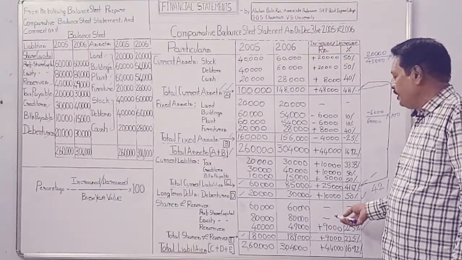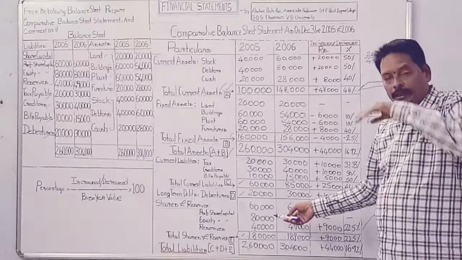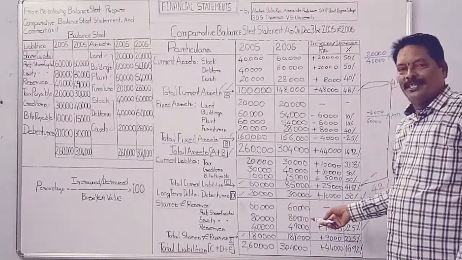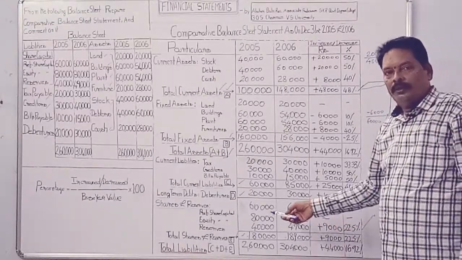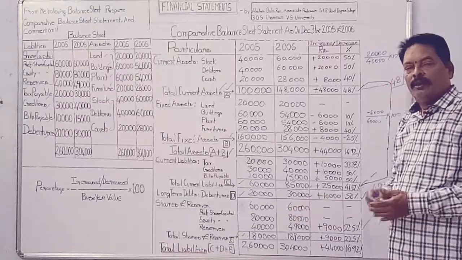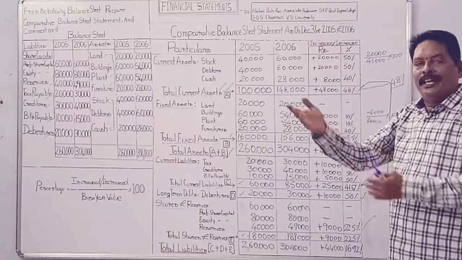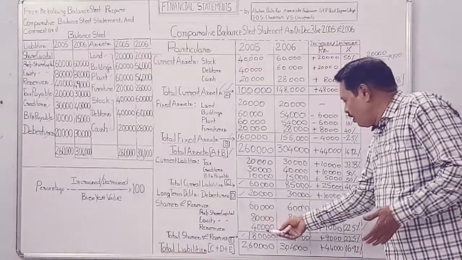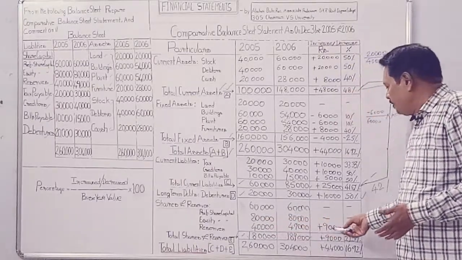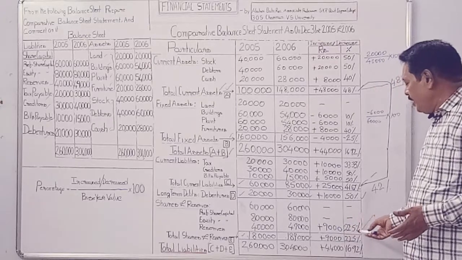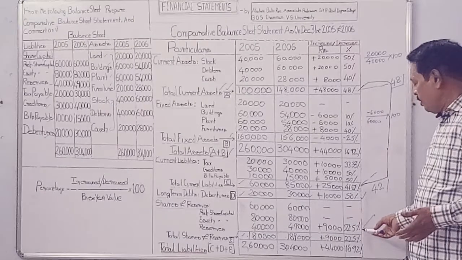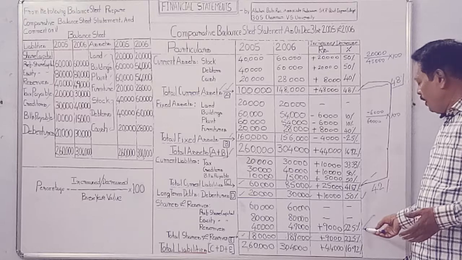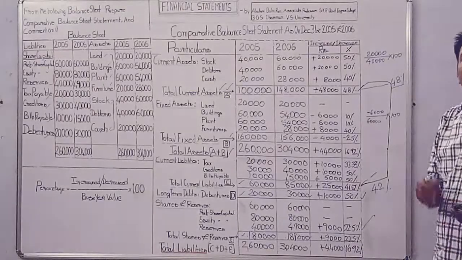That means company capital is constant. That indicates the company is not extended. But the reserves increased by 9,000. It indicates profits are 22.5% increased. This is a very good sign.